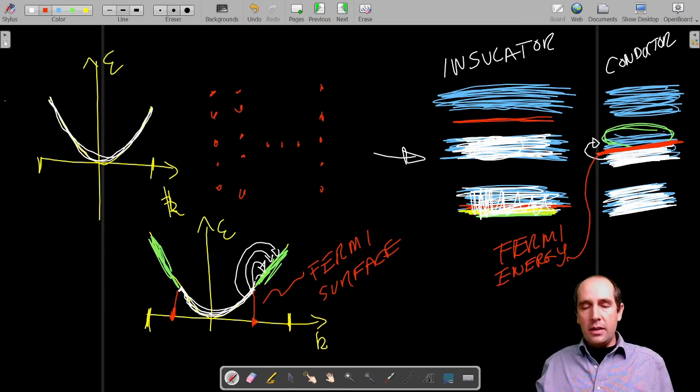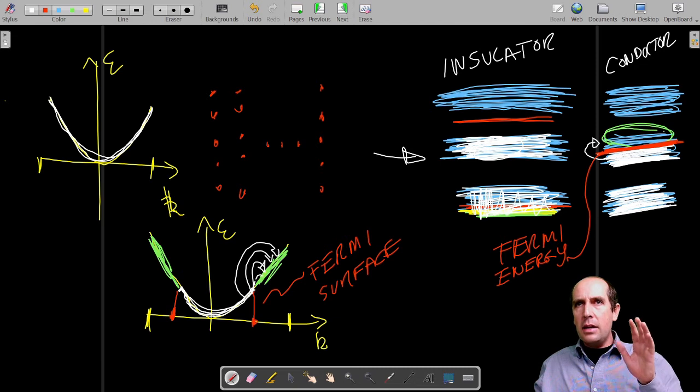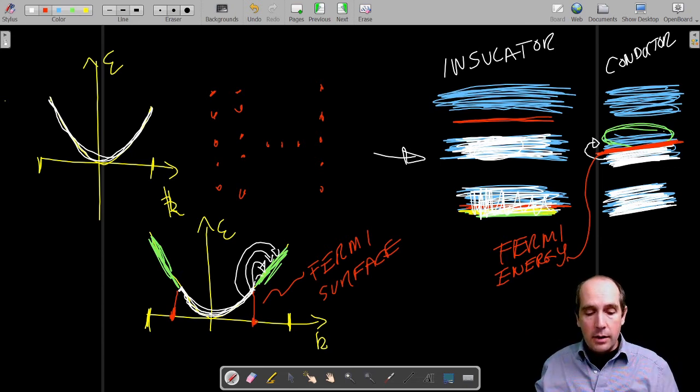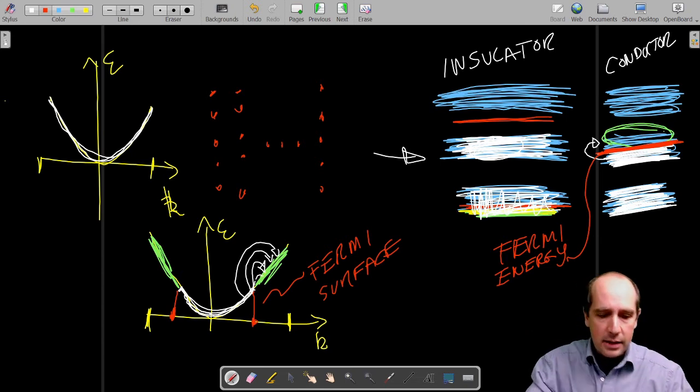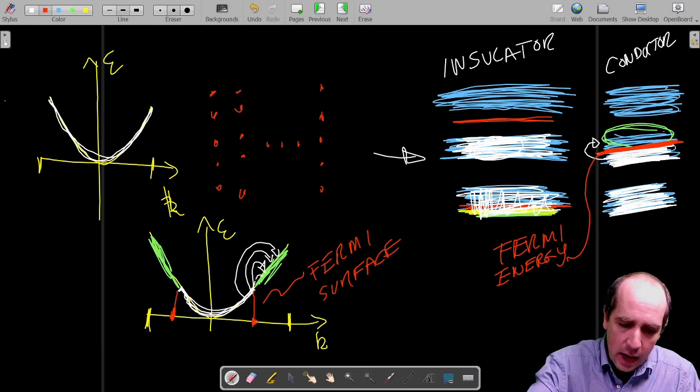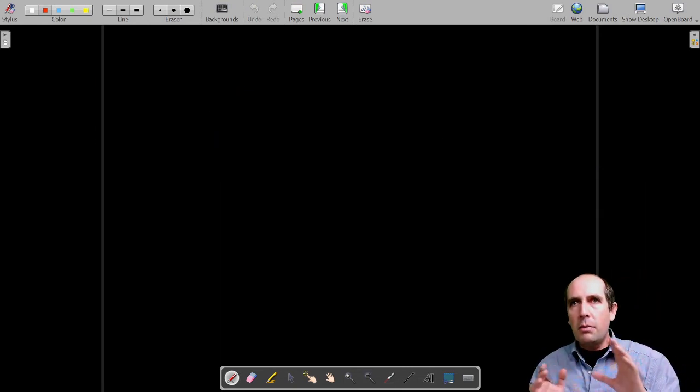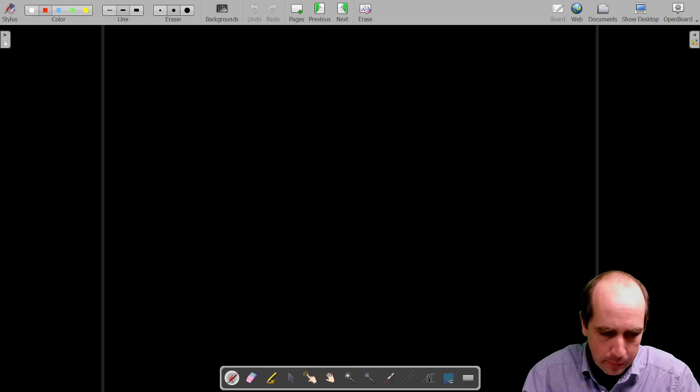Of course, when we draw these in 3 dimensions, K, remember, K is a 3-dimensional vector, which here we are just drawing as a 1-dimensional variable, but it's actually a 3-dimensional thing. So this means that I will try to do a 2-dimensional drawing.